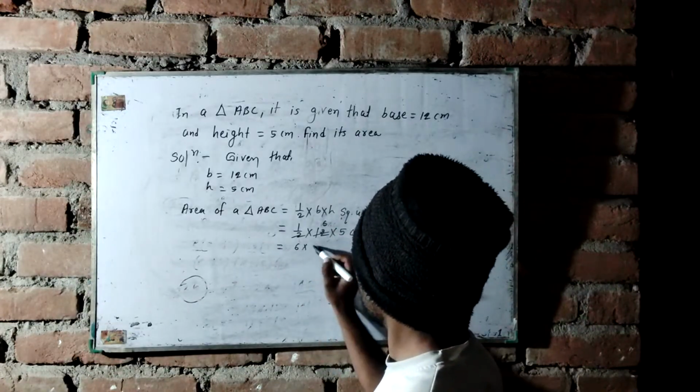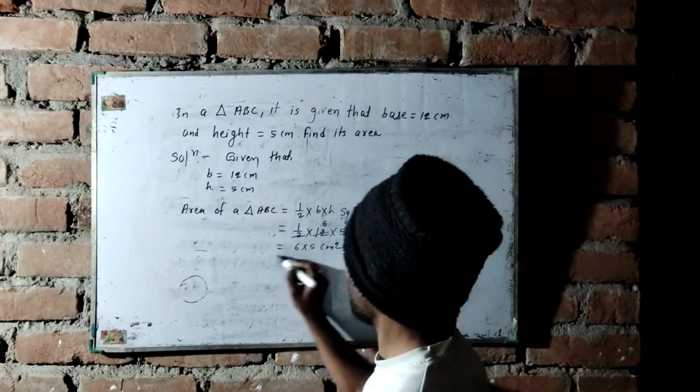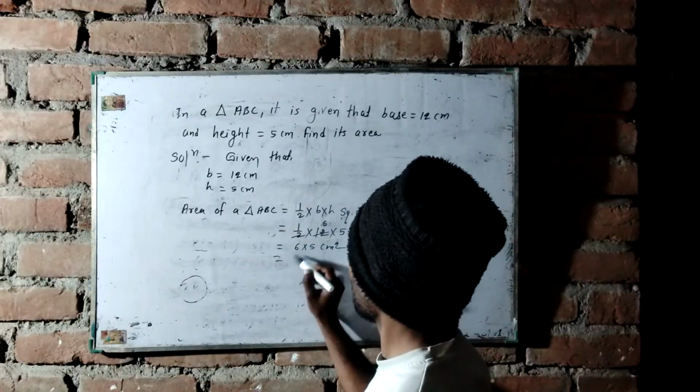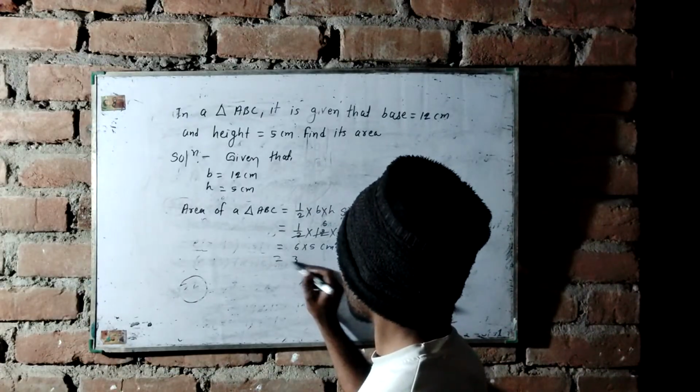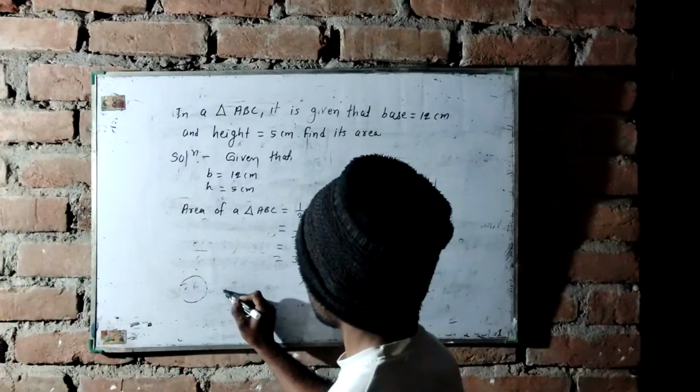We get 6 into 5, and after multiplying this we will get 30 as a product, and this is the required area.